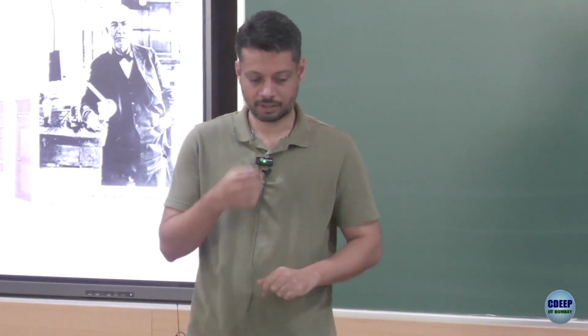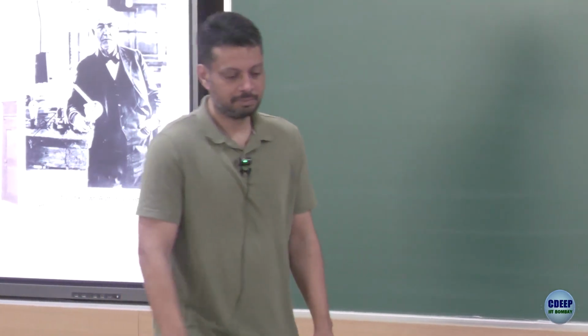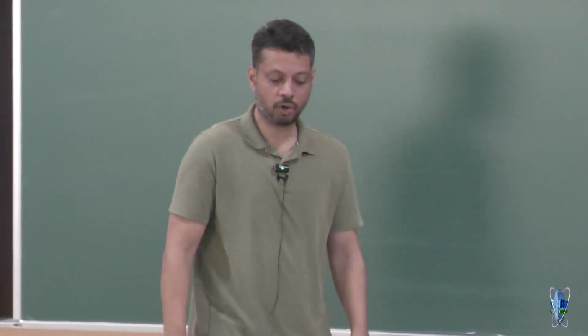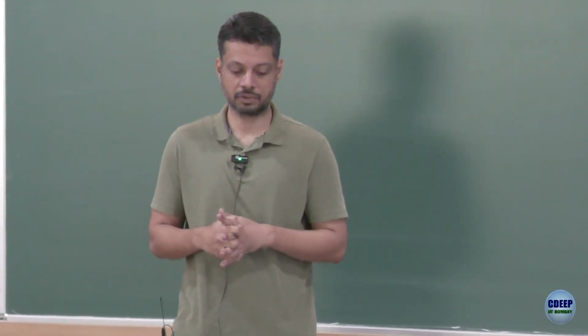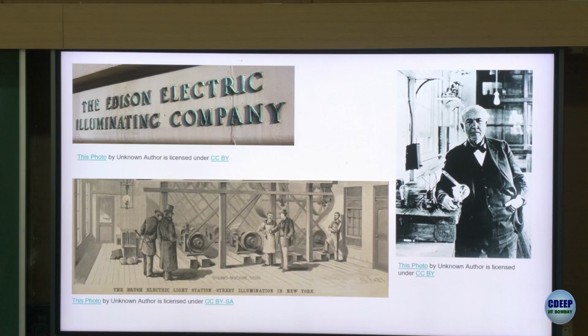So, Edison, all of us know, right? Edison was more of an inventor, I would say, and of course he had his own company where he was converting some of his inventions into commercial products. So, this was one of the early installations of a power system, so to say.